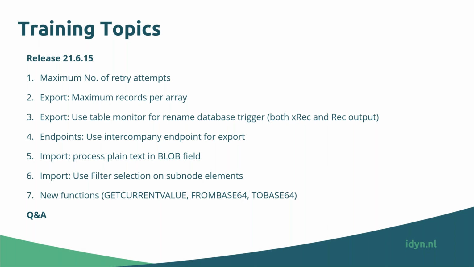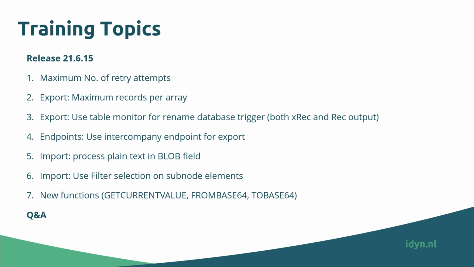We have a setting to specify the maximum number of records per array, which allows us to split up export messages or export entries into multiple entries to make sure that the message size is limited, which can help with some performance issues, especially if you're working with a lot of web services.